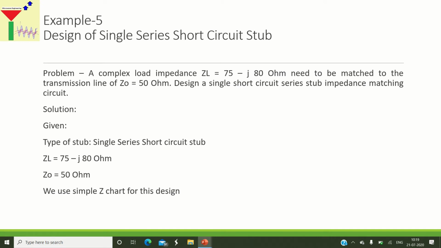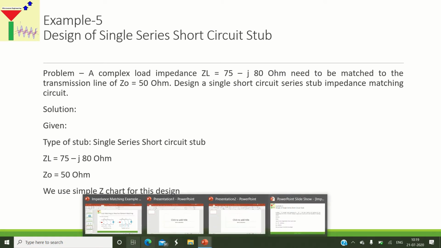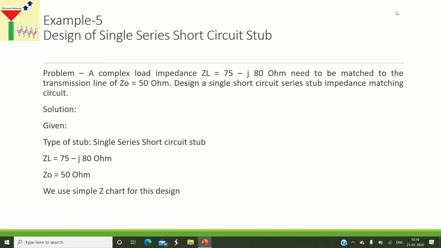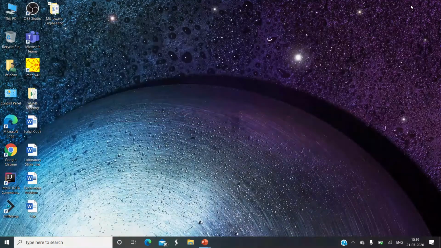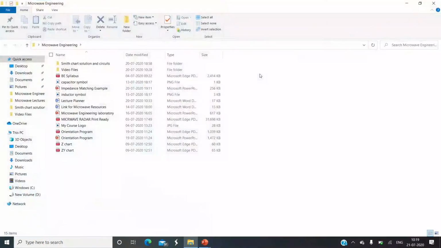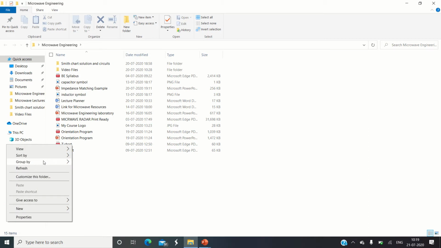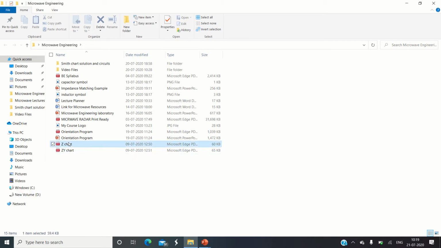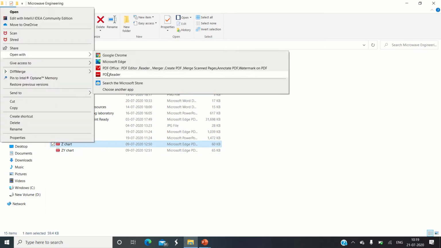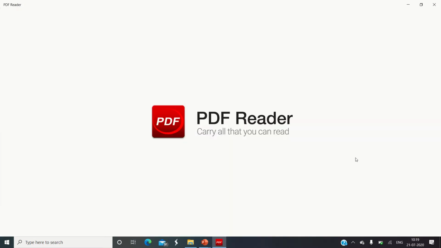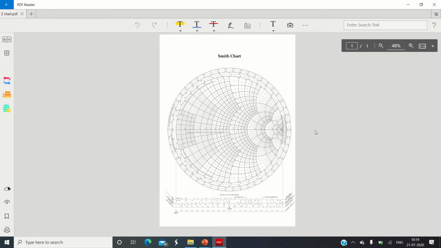So we'll be starting to manually solve a design solution to this particular problem. What I will do is open a brand new Smith chart. I'm using the impedance Smith chart.